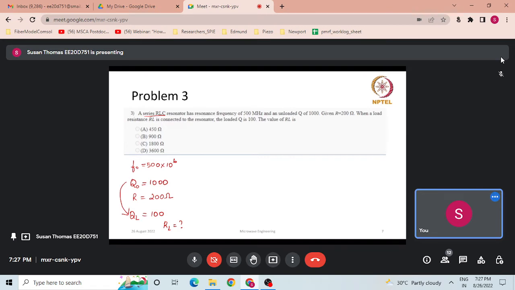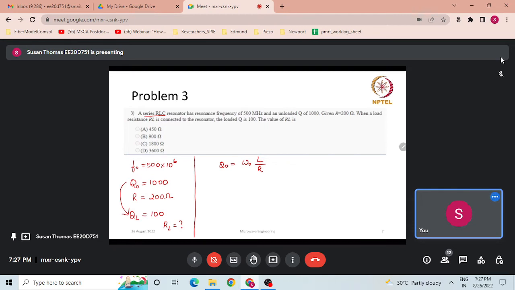As we have seen already, the question is about a series RLC. This is very important. When the question is about a series RLC network, the first thing to note is how to write the expression for unloaded Q factor. The unloaded Q factor is omega naught L by R in case of a series RLC.